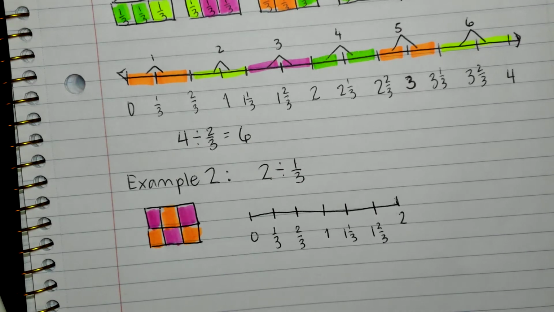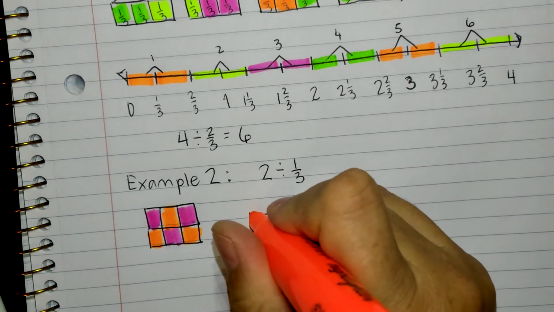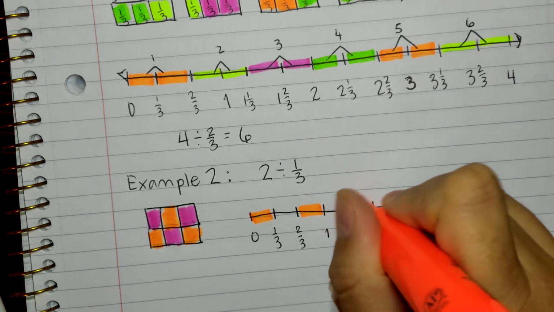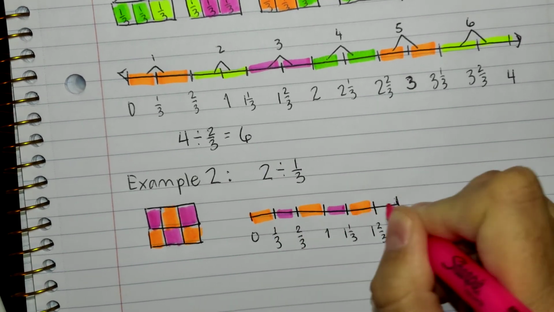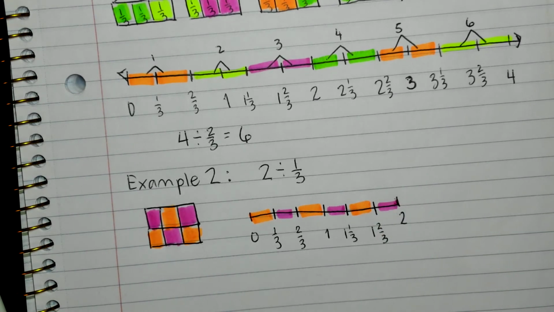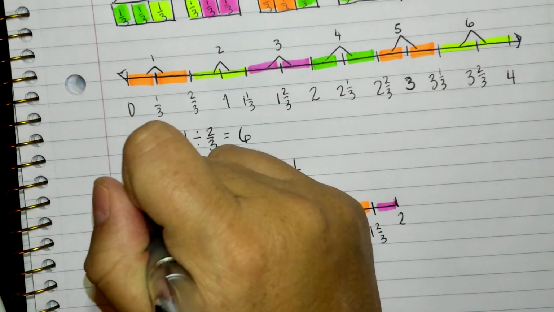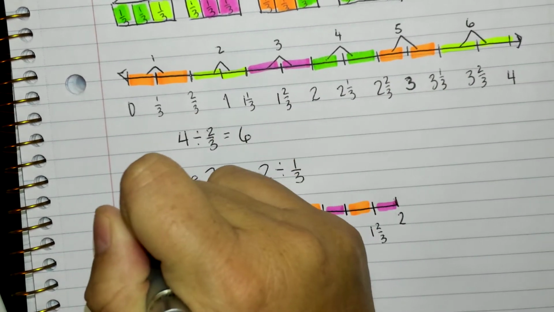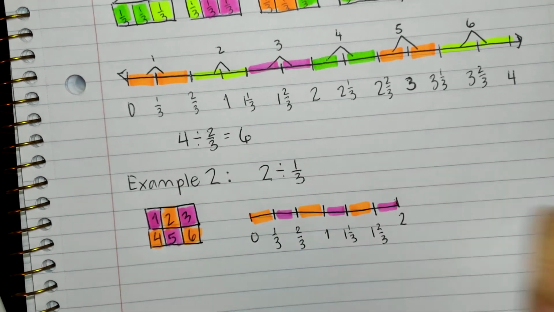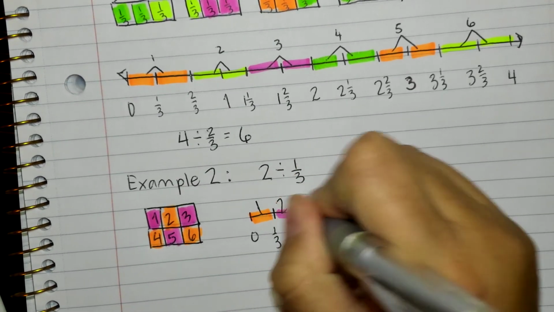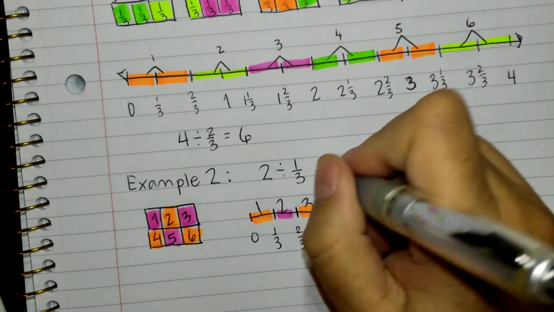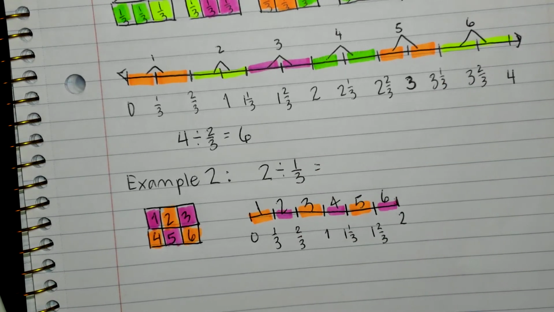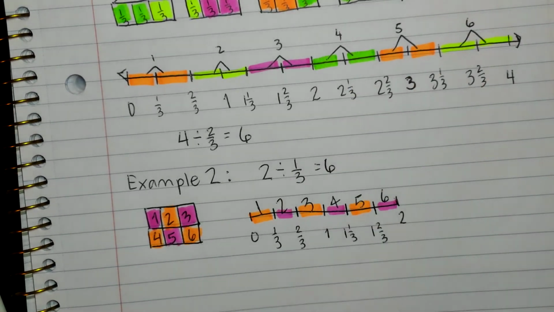That's 1 piece of 1/3. 1, 2, 3, 4, 5, 6. Same here. 1, 2, 3, 4, 5, 6. So 2 divided by 1/3 is 6 pieces.